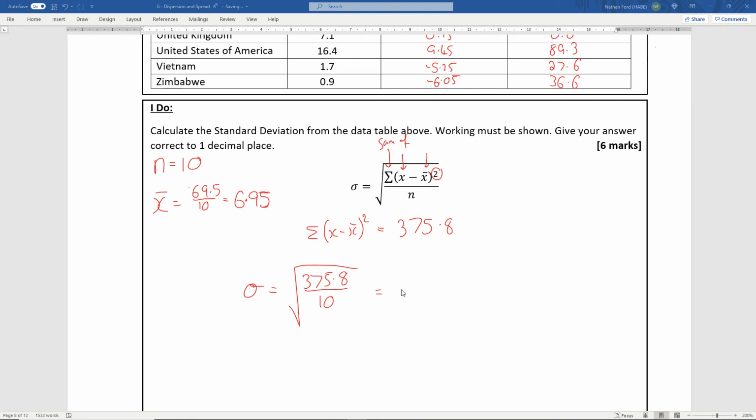That gives me 6.1. And that's it. You have a standard deviation of 6.1 here.